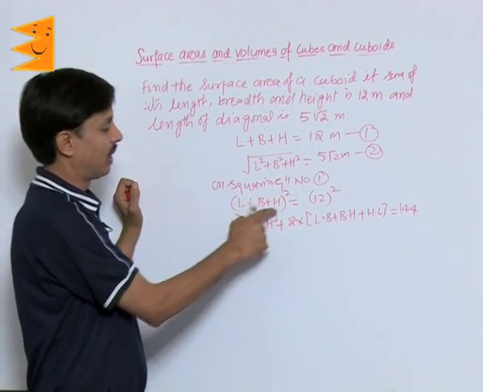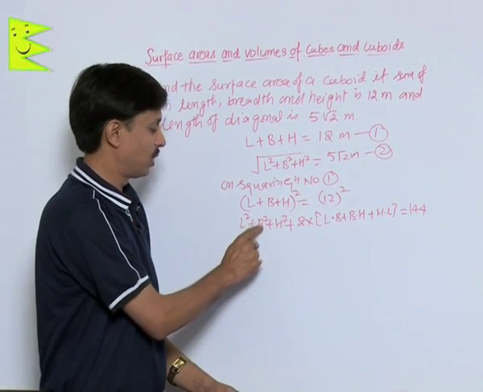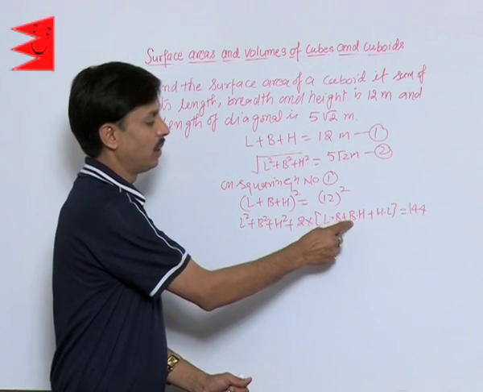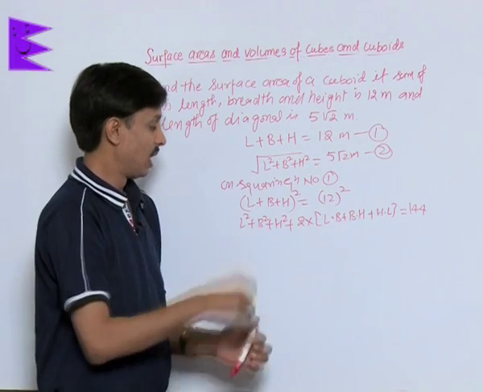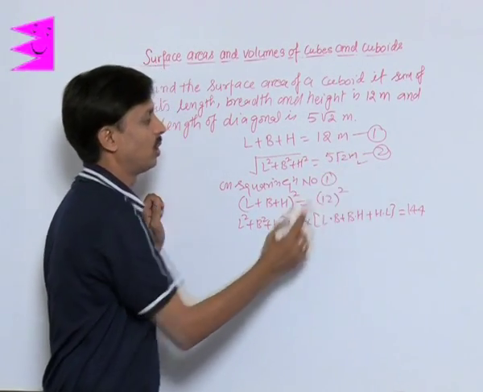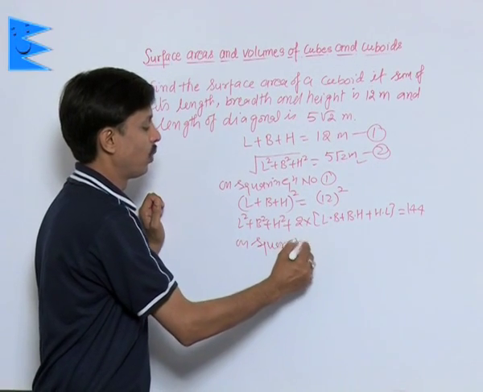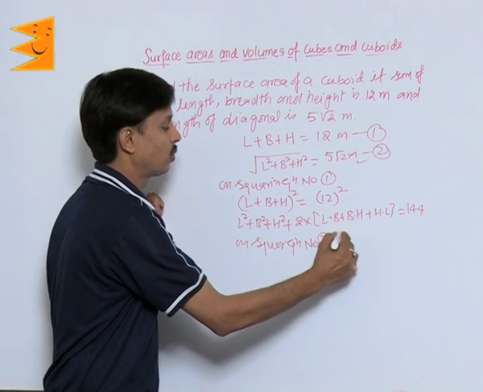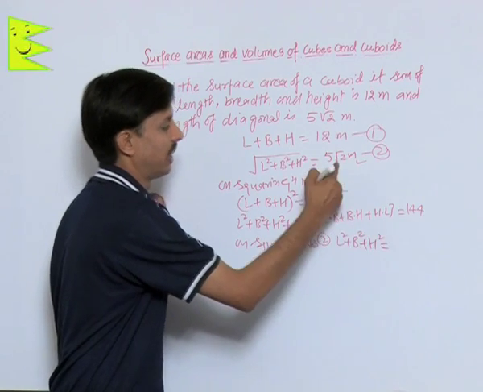Here I have applied the formula of A plus B plus C whole square, A square plus B square plus C square plus 2 into A into B plus B into C plus C into A. If I ask you to square equation 2, on squaring equation number 2, this will be L square plus B square plus H square on the left hand side.